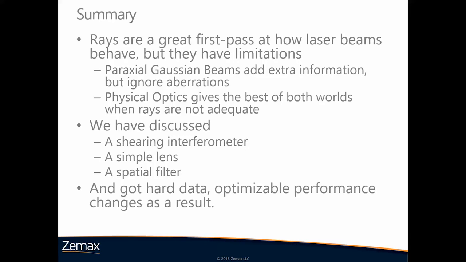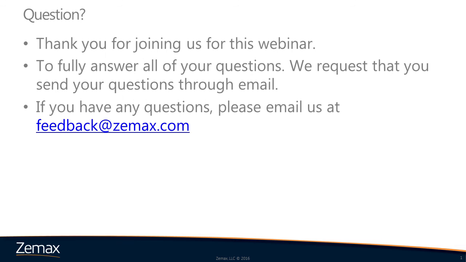We just put a filter in and hoped for the best, and that got us down to about 1.2. And then we optimized the system, and that got us down to 1.04 in m squared. So, physical optics, when it comes to the design of laser optics, optics which are intended to image or focus or modify a beam, very, very powerful capability.